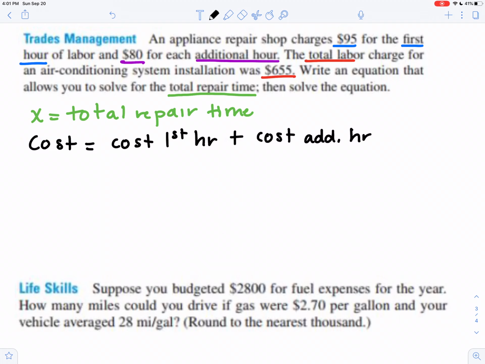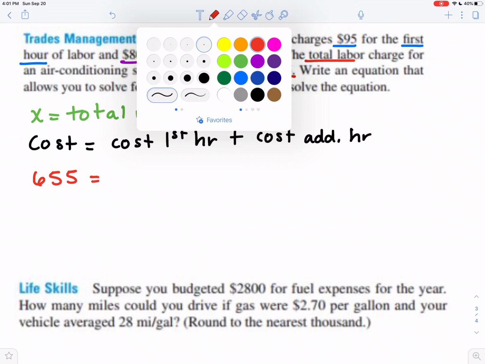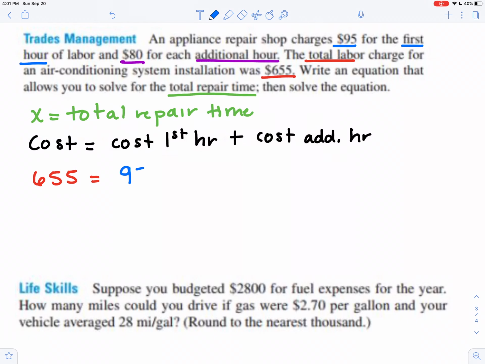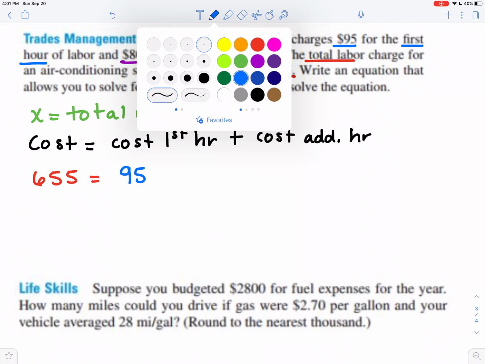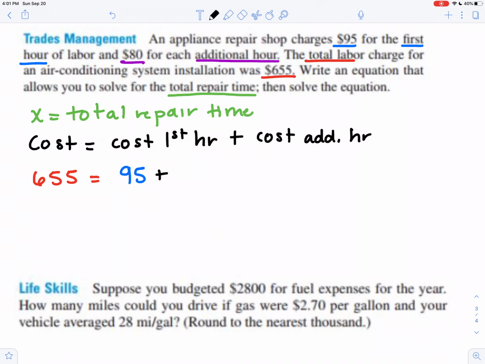Now I'm told that the total cost is $655. If I look at the cost for the first hour, that's just $95. That's a flat rate. And then I need to add to this the cost for each additional hour.